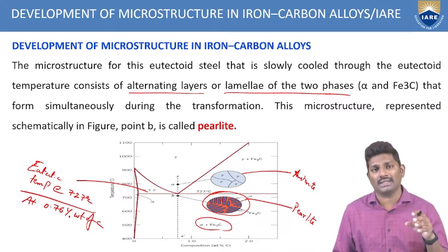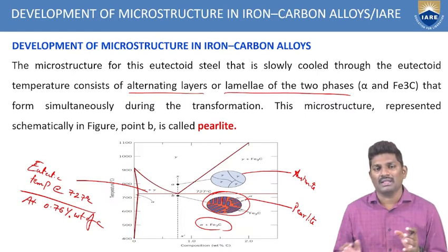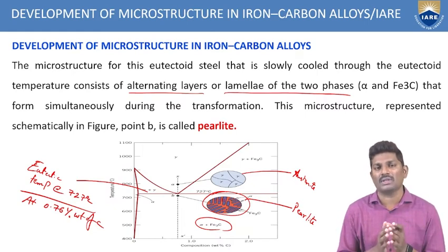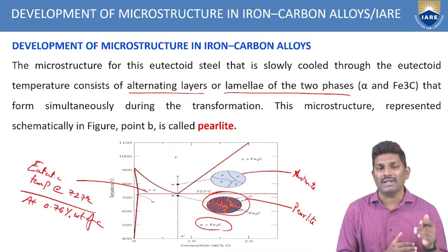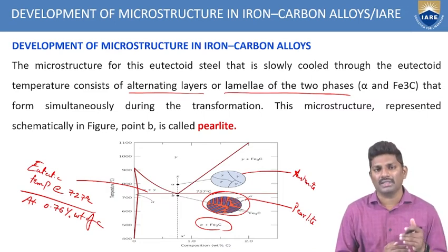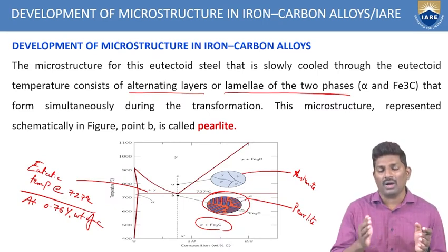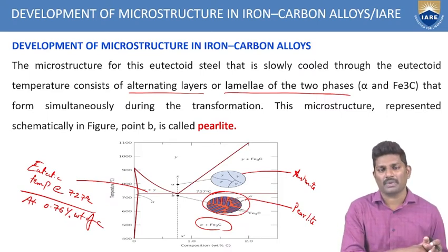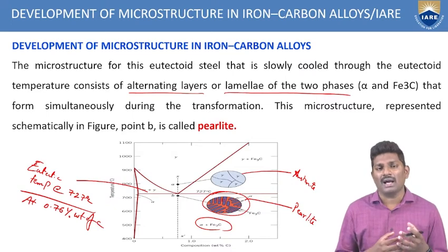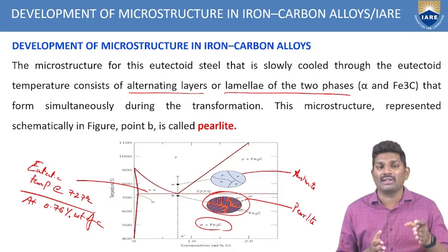At the eutectic temperature, there is no transformation of that austenite microstructure. But once it crosses the eutectic temperature, there is the transformation of austenite. Slowly, the austenite is being transformed into pearlite. So, again, what is pearlite? It is a mixture of alpha and Fe3C, arranged alternately.